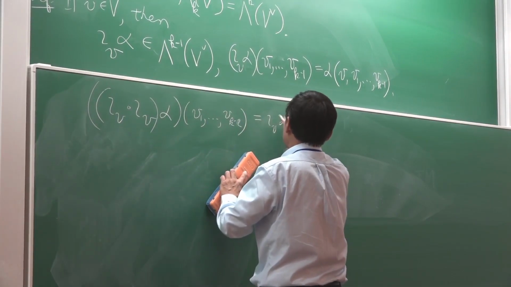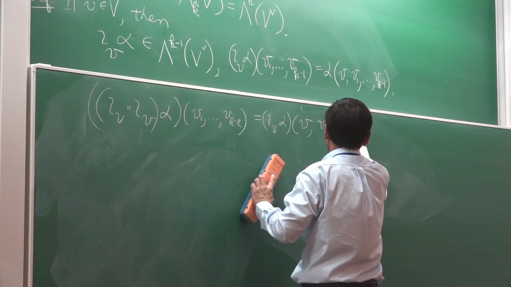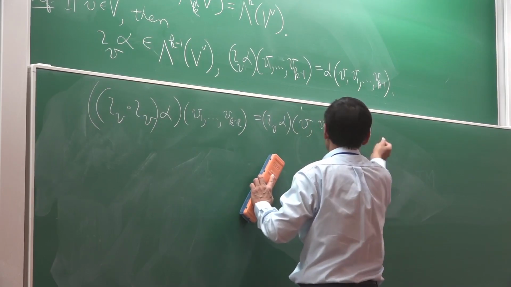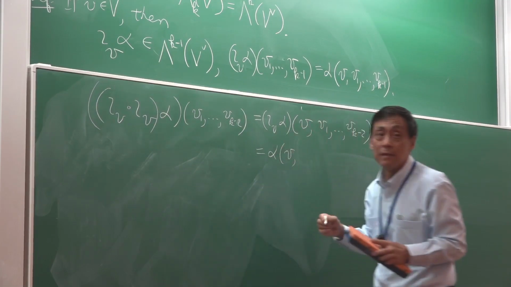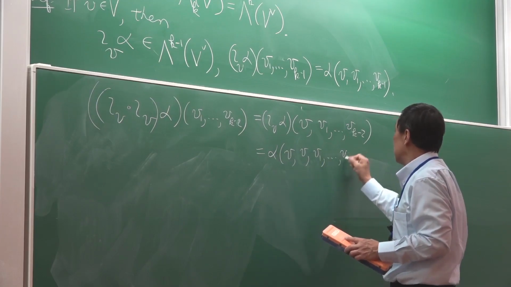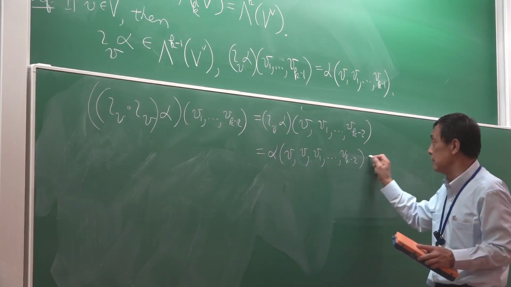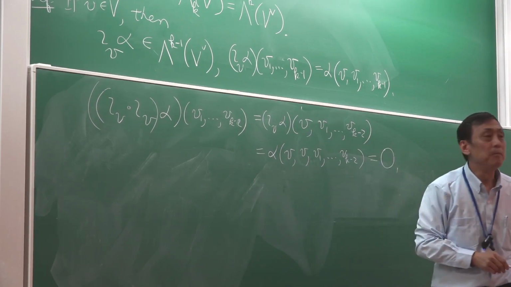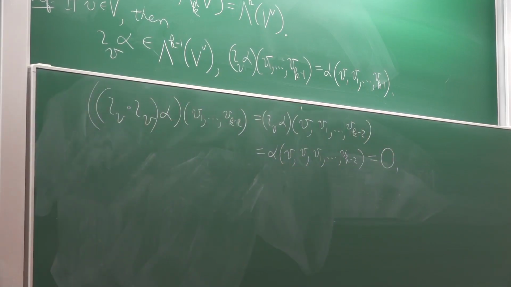Well, then this is i_v alpha applied to v, v1, ..., v_{k-2}. And then this is alpha applied to v, v. You put v in as the first argument again. But because alpha is alternating, this is 0. Okay? So that's the first property of interior multiplication, that if you apply it twice, you get 0.